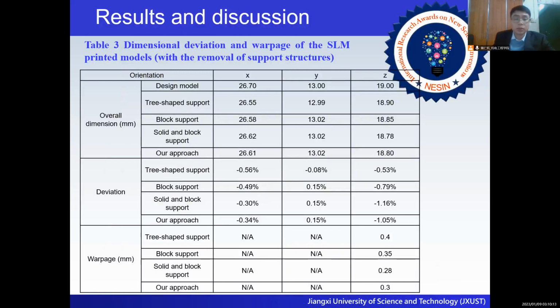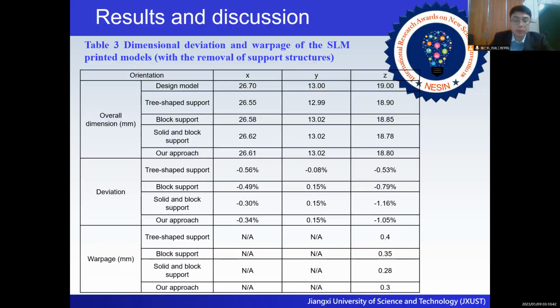We can see that 1. Using grid tree composite support generated by our approach and solid and block support generated by Magics RP can lead to less warpage of the cantilever model compared with the other two supports generated by Magics RP. 2.